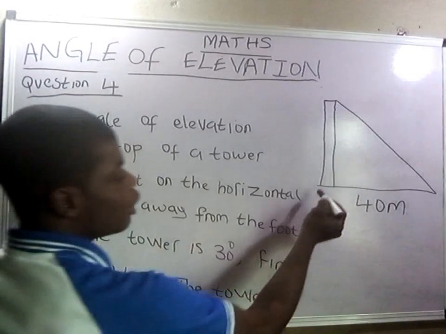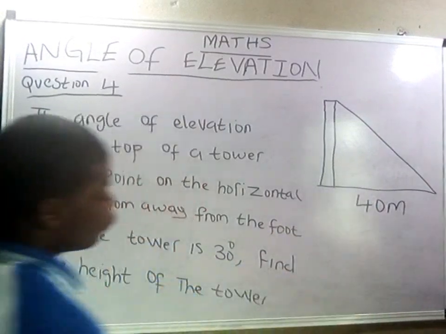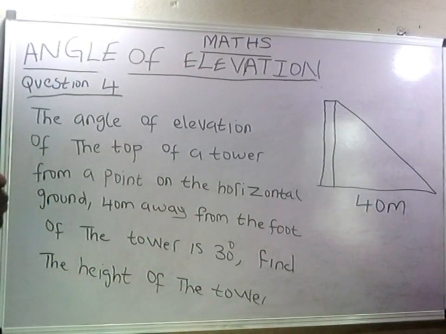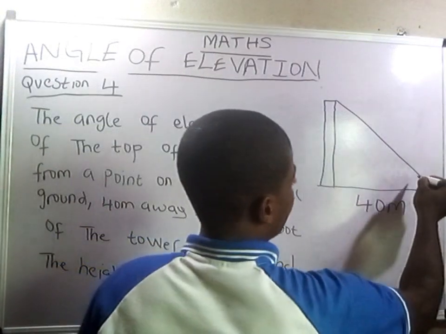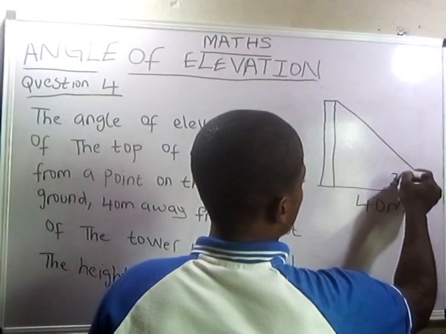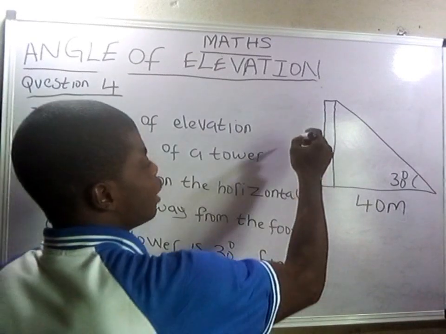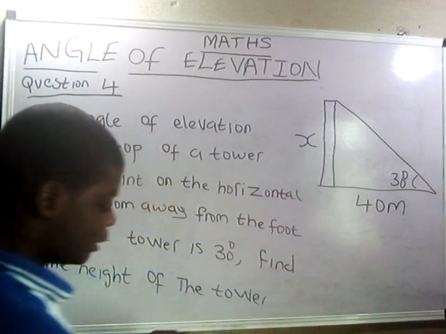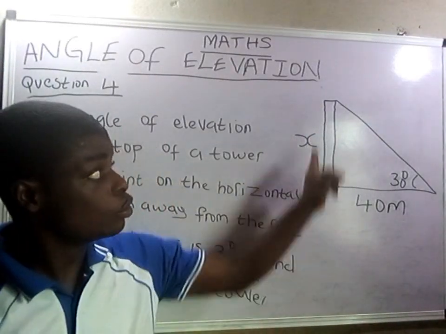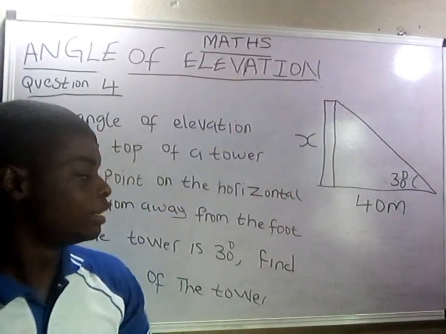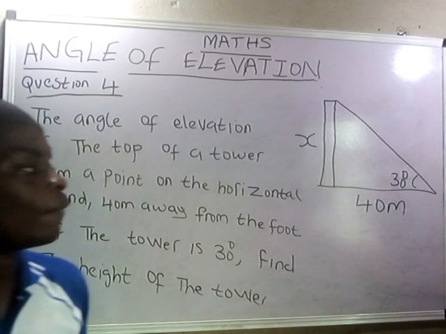Here is 30 degrees. Find the height of the tower. This is this side. The height means the distance from the ground upward, which is the height of the tower.